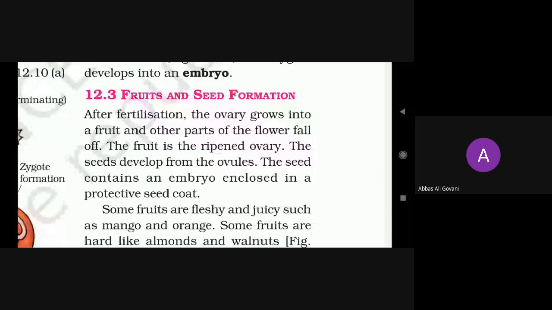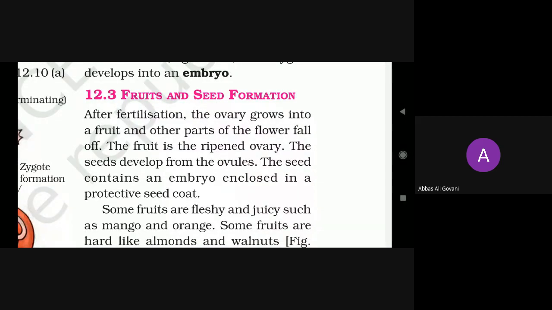After fertilization, the ovary grows into a fruit and the other parts of the flower fall off. The fruit is the ripened ovary, and seeds develop from the ovules.